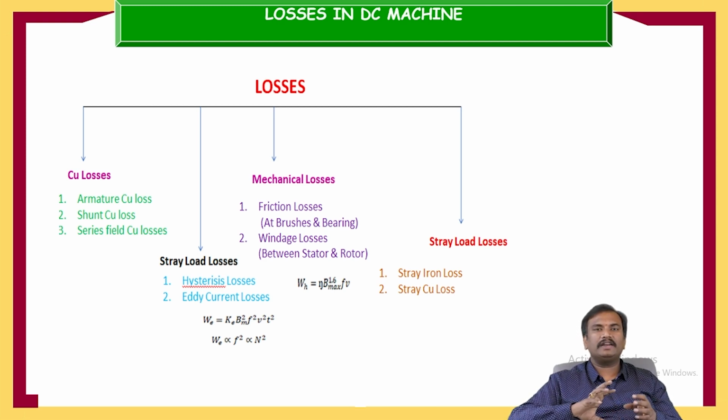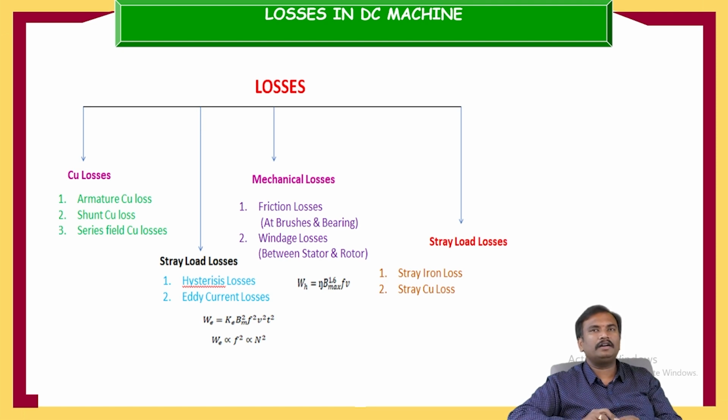The mechanical losses occur when it is rotating, that is rotational losses: frictional loss because of the bearings, and windage loss because of the air gap. These two losses will be constant for a particular machine.